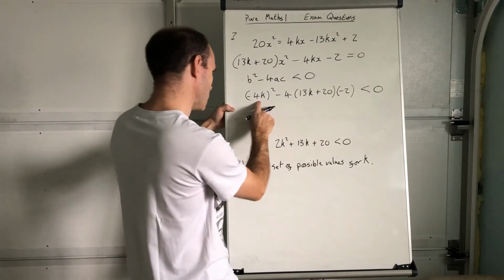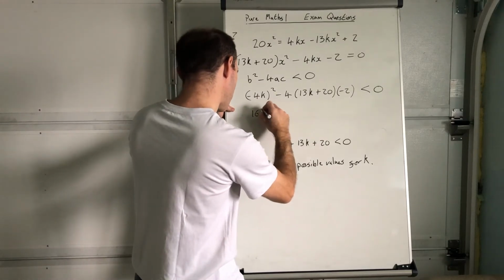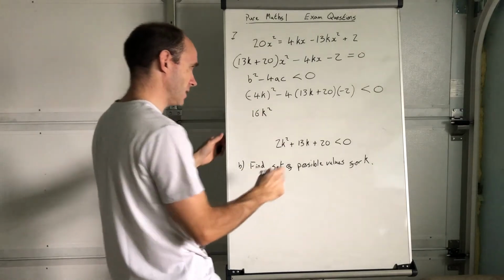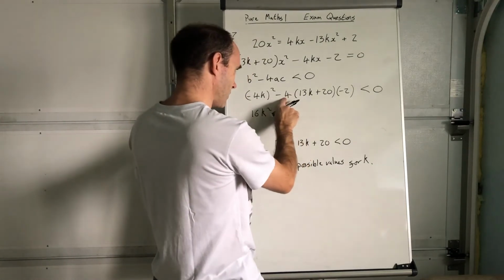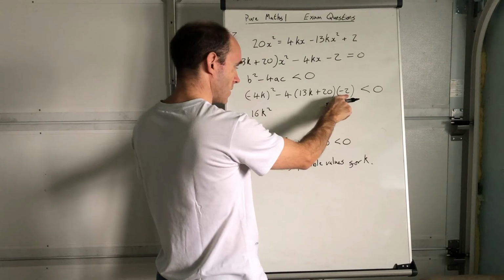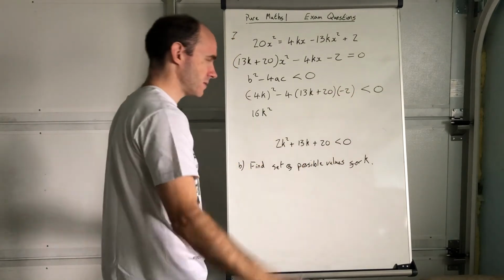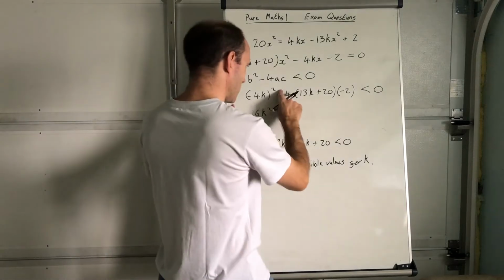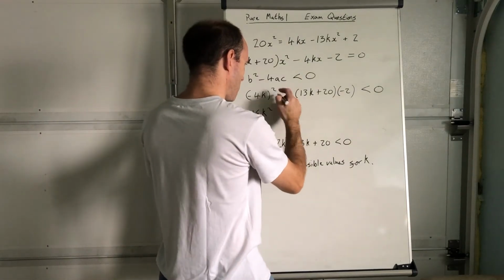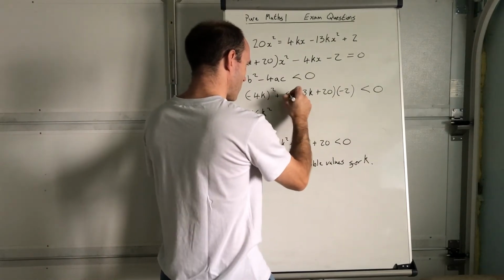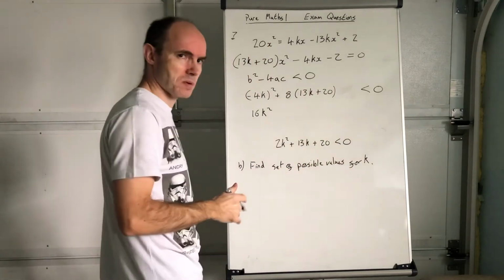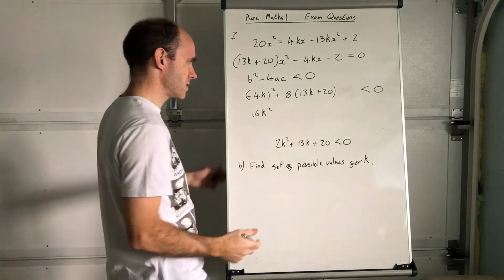So this is going to be 16k squared, not forgetting to do the negative 4 squared as well to get 16. And then negative 4 times negative 2 is the same as positive 8. If you wanted, you could write another line of working where I change that to positive 8 and then expand the brackets. I've just not put another line because I'm limited in space here.